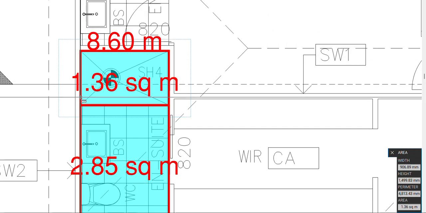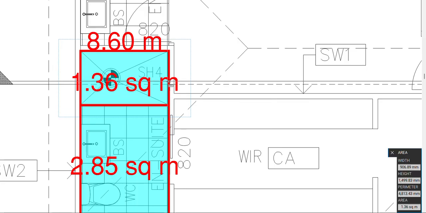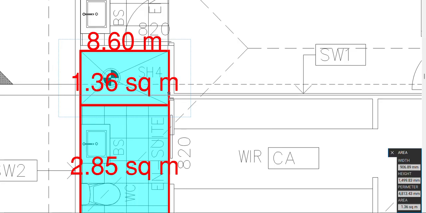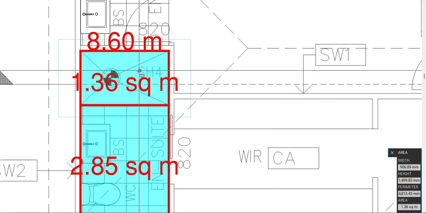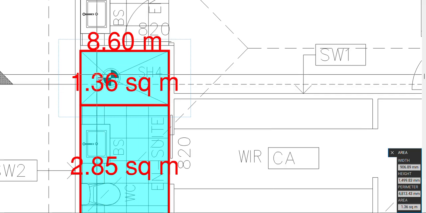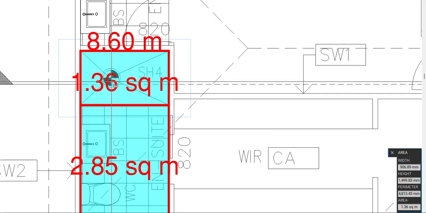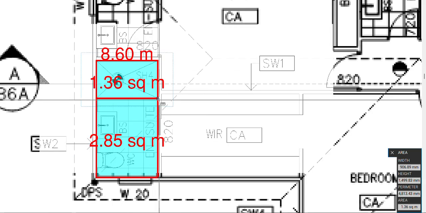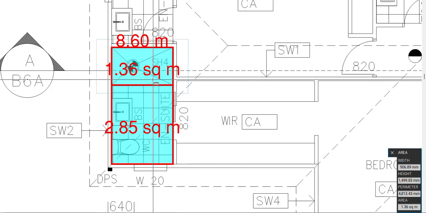So we take the waterproofing to these three sides to the height of 2 meters. From the floor up to the height of 2 meters the waterproofing will be done, including this floor area, and the screeding is also done here. So there are different things we take in this.